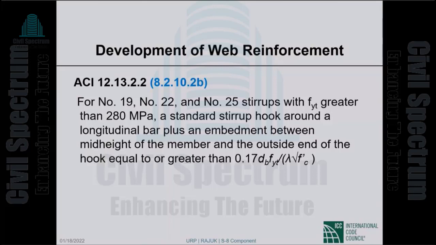A standard stirrup hook around the longitudinal bar, you have to have the hook, plus an embedment between mid height of the member and the outside end of the hook equal to or greater than the given quantity. So you have to have a minimum distance between the hook and the mid height of the member.